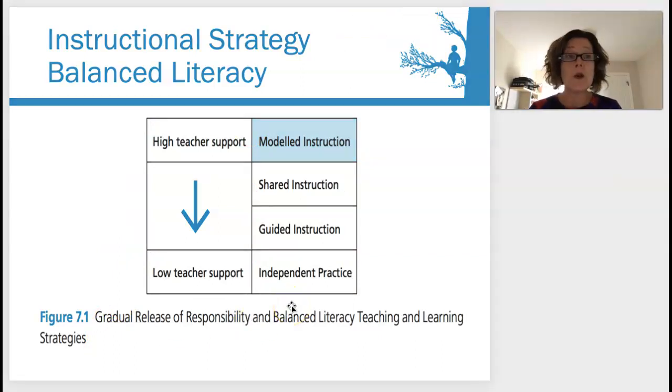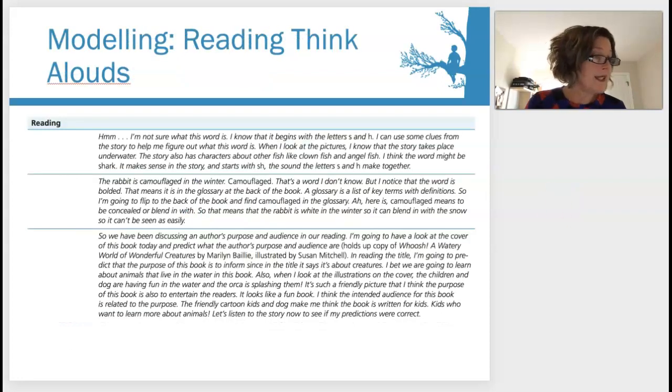So now what we're going to do today is have a look at these, and then in our collaborate session I'm going to do some examples of all of these, so you'll get a chance to actually be part of some of the examples. So basically, modeling is that you are actually modeling the thinking for your students.